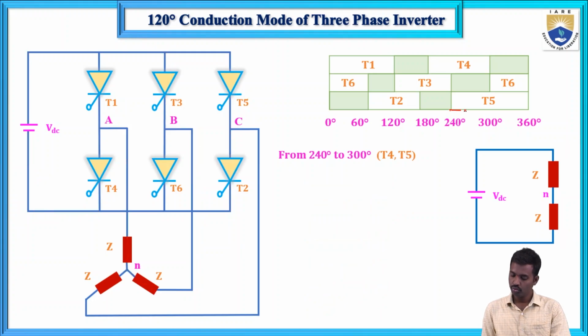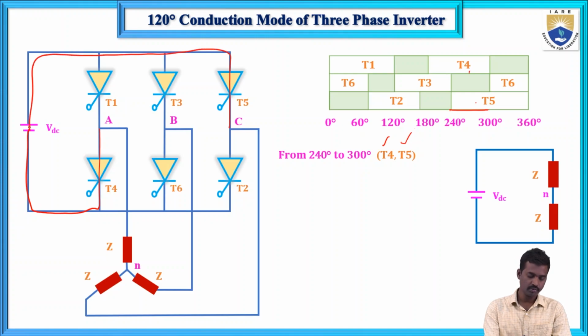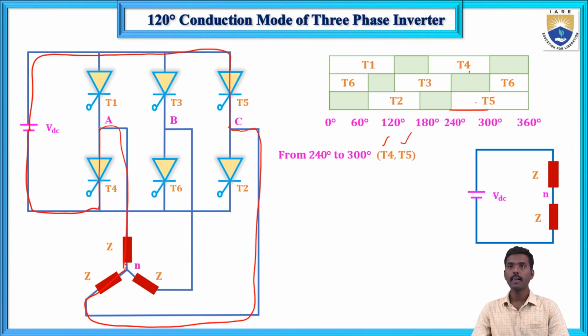Next, 240 to 300 degrees. T4 and T5 thyristors will conduct. T4 is connected and next T5 is connected to this one, and this one is connected to the neutral.